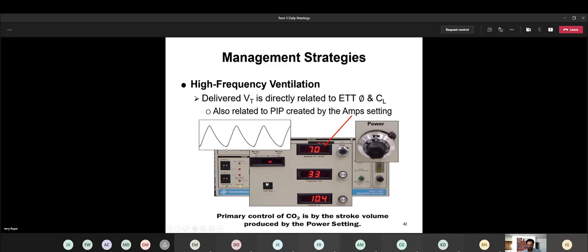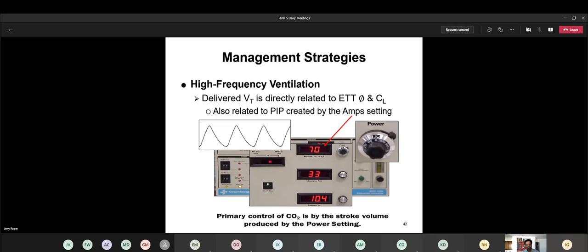And then when it comes to the amount of volume being delivered with this oscillator, it will depend on the diameter of the ET tube. Are you using a 2.0 or a 2.5 or whatever? That's going to make a difference. And then also the lung compliance.